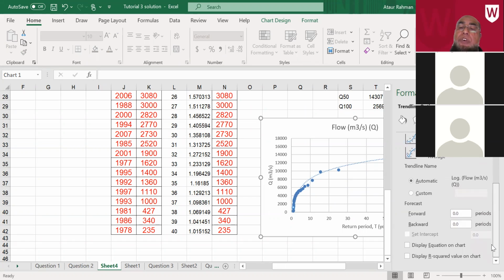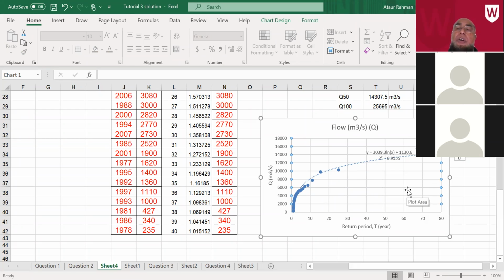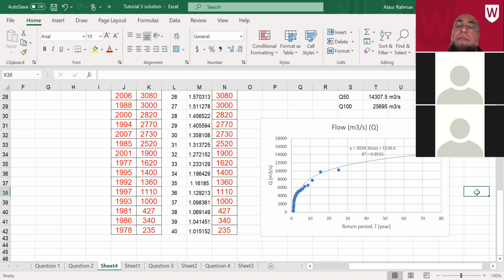And then we want to see the equation on the chart and R square value on the chart. So we are finding that our R square is quite good. Is that right? And our equation is in this form. So now let us use this equation and see what is the value of Q50 and Q100, okay?